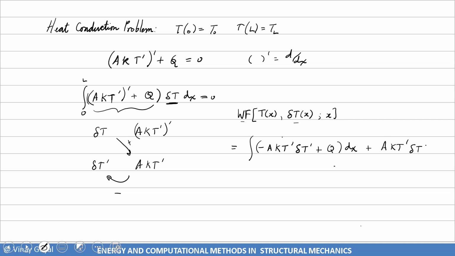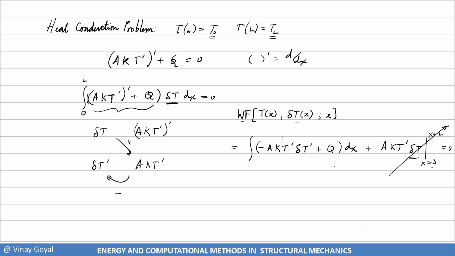I did it because I think there was some confusion about what this line meant, but that just means minus evaluated this minus the evaluated here, and that's equal to 0. Now all you have to do is see that anything specified on T is an essential boundary condition. Here, T is specified both at T naught and TL. So clearly this goes away, and that's your weak form right there. Nothing more to do. That's a weak form. You're done.